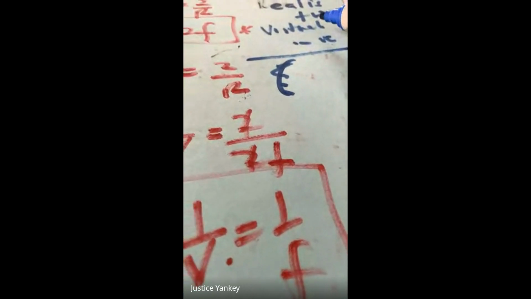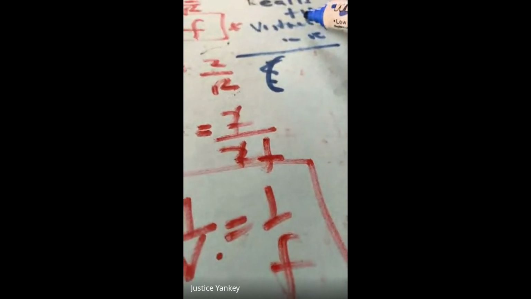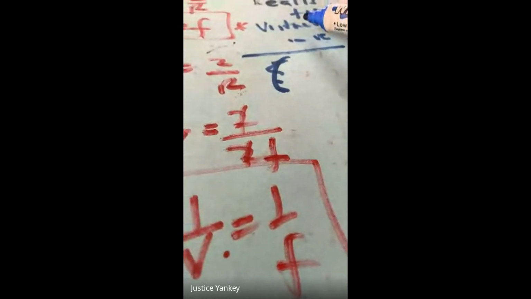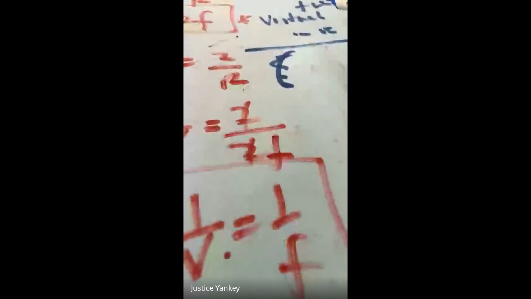What does this mean? Any real object distance or real image distance is positive. Any virtual object distance or virtual image is negative. So that is the meaning of real is positive.